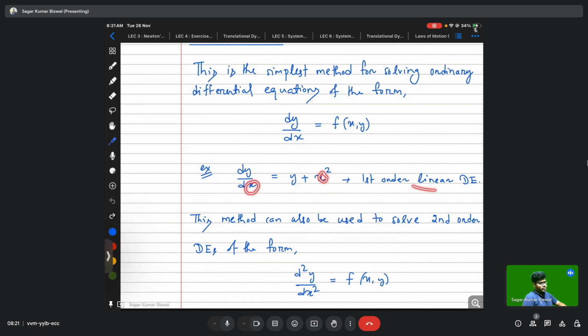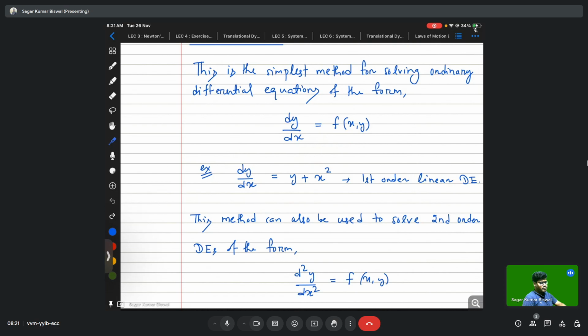And here what is the meaning of this linear? The meaning of this linear is that there are no terms like y square or y cube in the differential equation. Only the dependent variable of the order y to the power 1 is present.